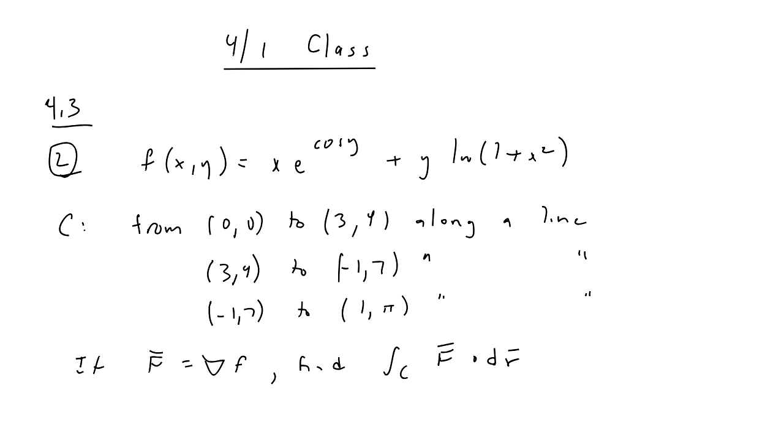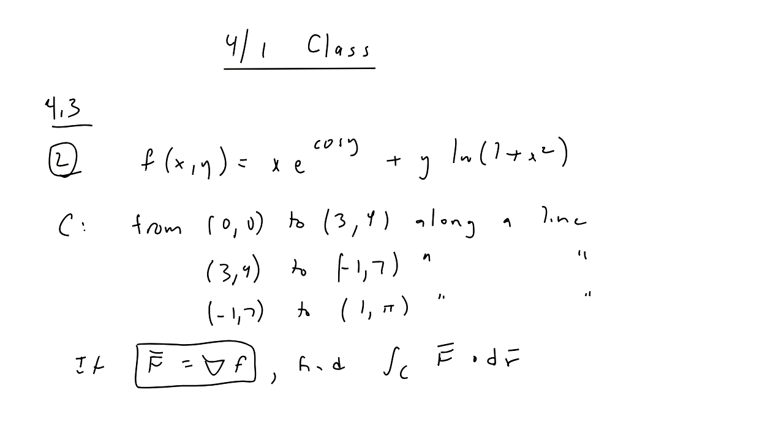So remember, this section says if something is conservative, then we don't care about the paths. All we care about is where we start and where we end. And since this is the definition of conservative, which is the vector field is conservative if it's the gradient of a given f.